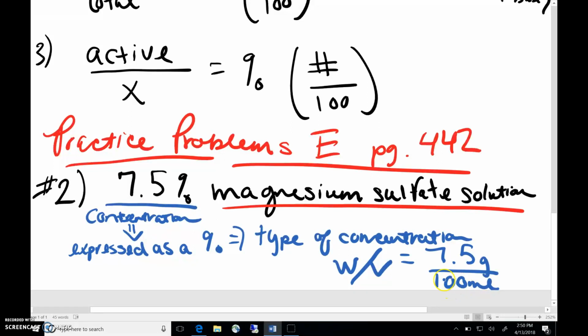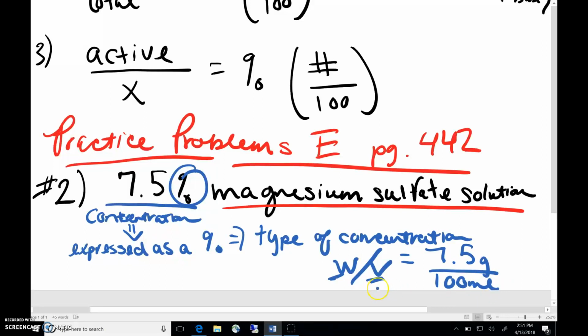Where does the 100 come from? The 100 stands for the percent, because the percent sign is 100. Where does the grams come from? The 7.5 grams is indicating the type of concentration. It's weight to volume. So that 7.5 has a unit of grams because it's weight. The 100 milliliters, the milliliters comes from what?